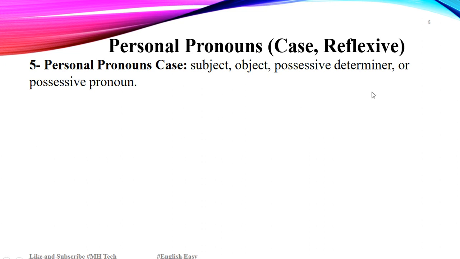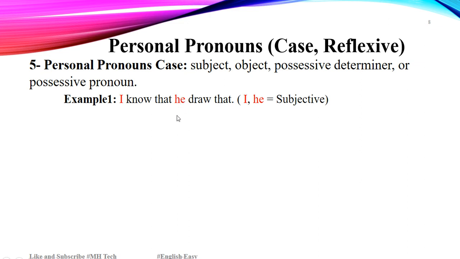We have personal pronouns case and reflexive. Here we have personal pronoun case, which is subjective case and objective case, or possessive determiner or possessive pronouns. So go to the example: I know that he draws that. Here I and he are the subjective case.